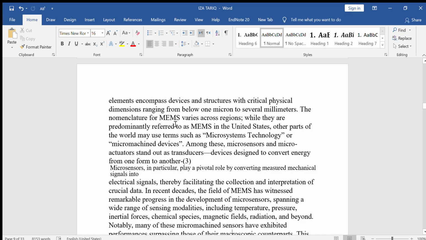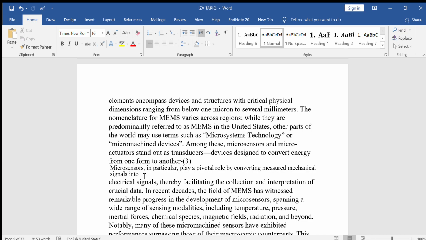Basically, a microelectromechanical scanner is a device designed for use in the health department, graphically showing the patient history. Microsensors in particular play a vital role by converting measured mechanical signals into electrical signals.